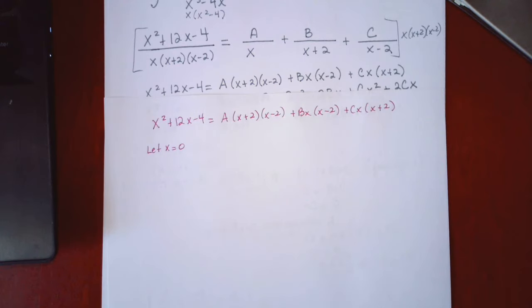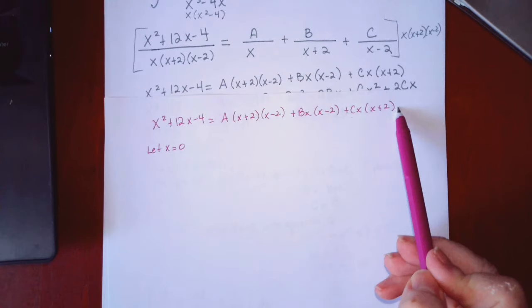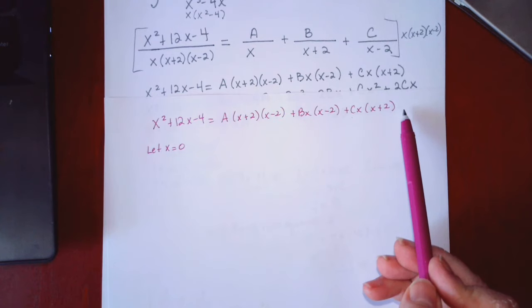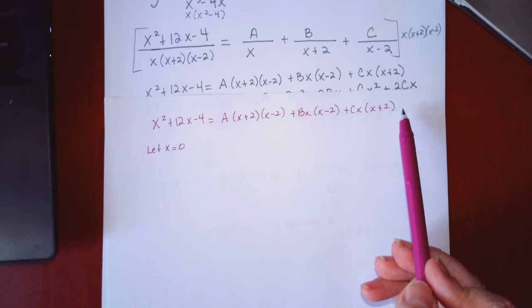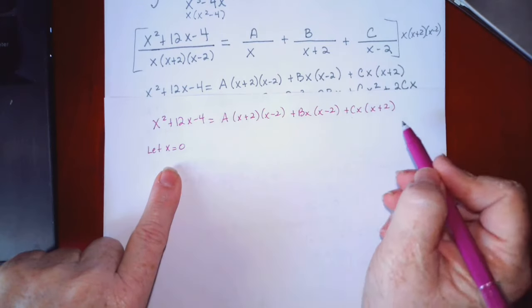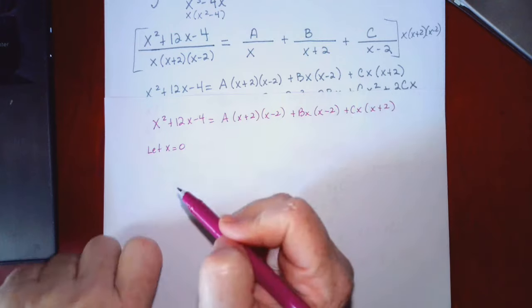For example, if I chose X to be 0, then this would be C times 0 times 2, which is 0. This would be B times 0 times negative 2, which is also 0. So the only one of A, B, and C that would still be in my equation would be A. So I'm going to solve this for A using X equals 0.